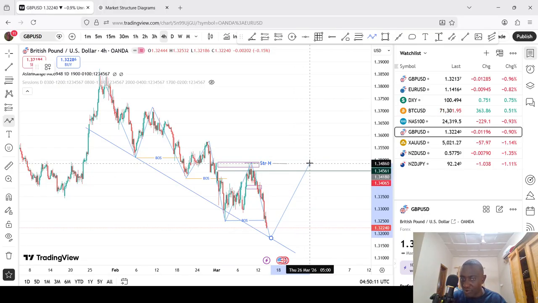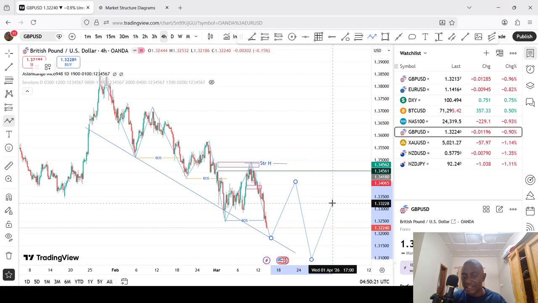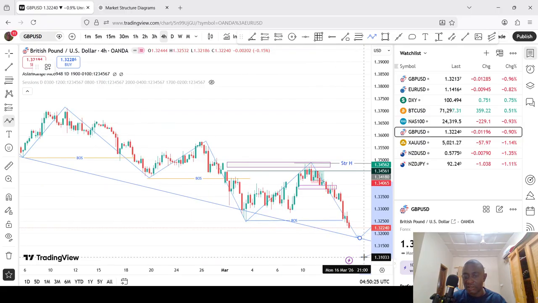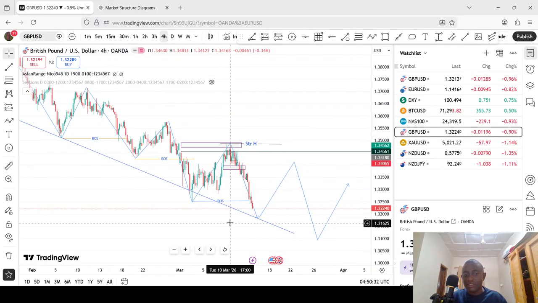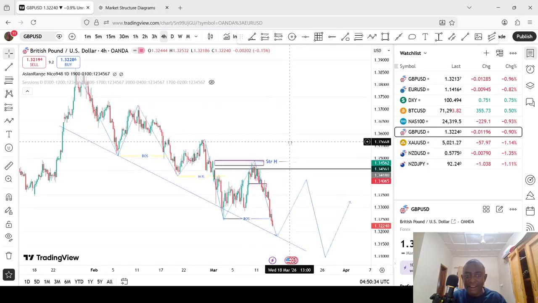We are not expecting it to break. So price will come like this and go down again if there is continuation, market will continue. So it will be like this. That means we are still expecting the downtrend.